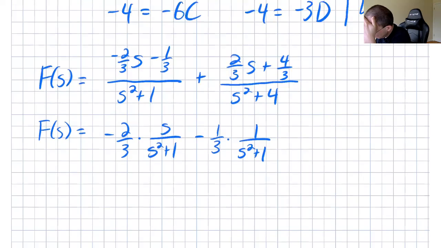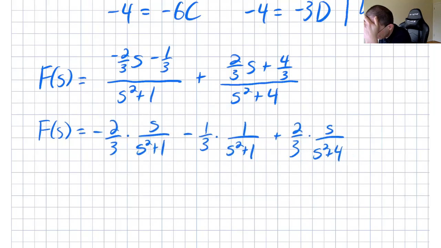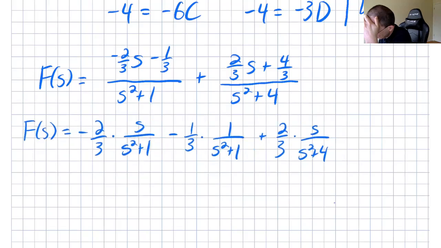And then for the other terms, we have plus 2/3 times s over s squared plus 4. And then we have plus 4/3, but we want the numerator to be 2. So we need to divide by 2, and that would give us 2/3.